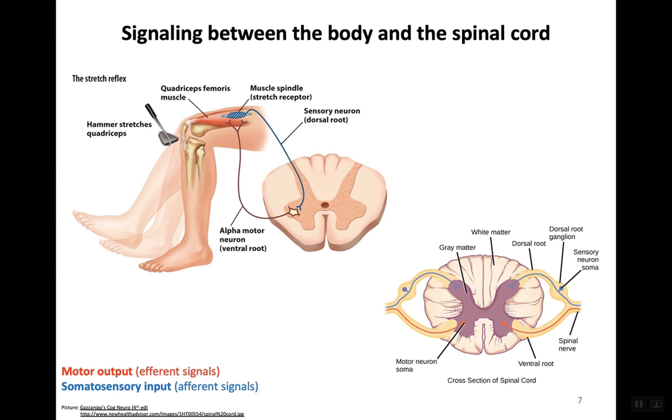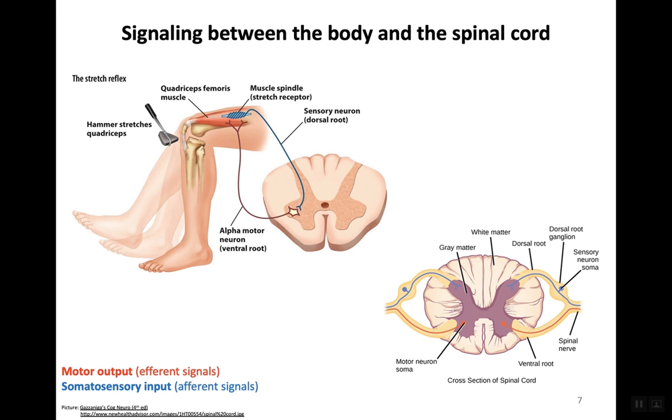So also by way of review, you might remember that the spinal cord has a rather straightforward division in terms of the organization of afferent signals traveling to the brain and efferent signals traveling towards the body and the muscles. That is, the ventral horns of the spinal cord are responsible for containing the efferent signals, and the dorsal horns of the spinal cord are responsible for containing the afferent signals.